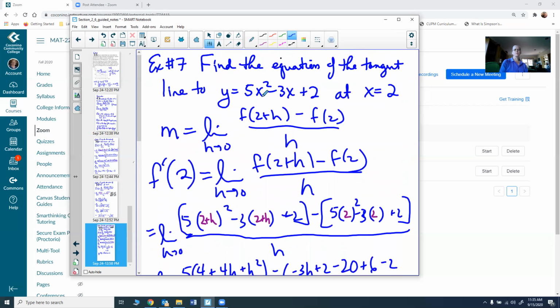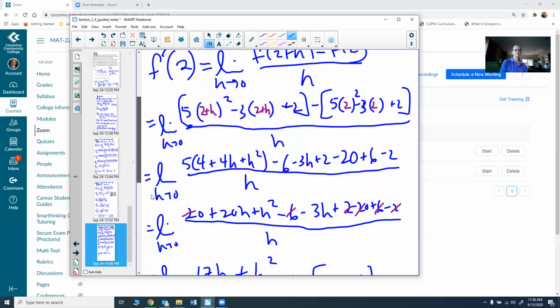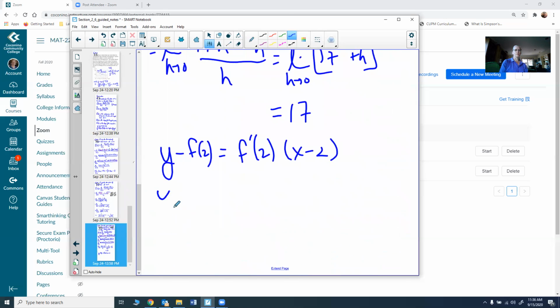So put 2 in for your function. f of 2 would be 2 squared is 4, 4 times 5 is 20. 2 times 3 is 6, so 20 minus 6 is 14, plus 2 is 16. So f of 2 is 16. So we've got y minus 16 is equal to 17 times x minus 2.